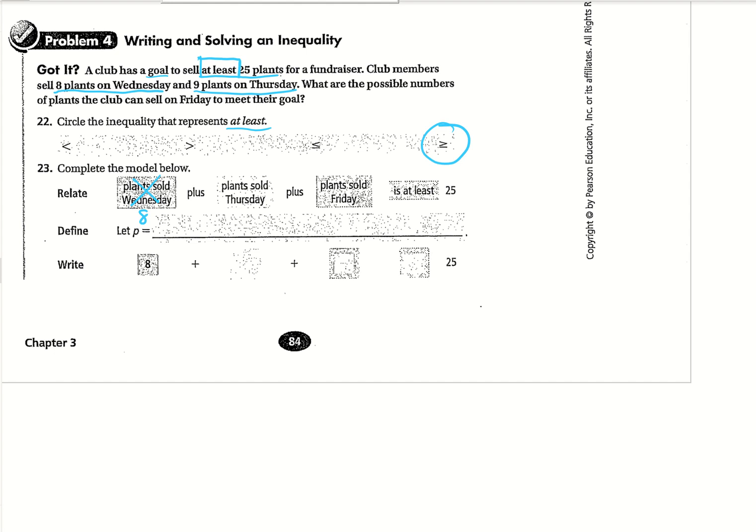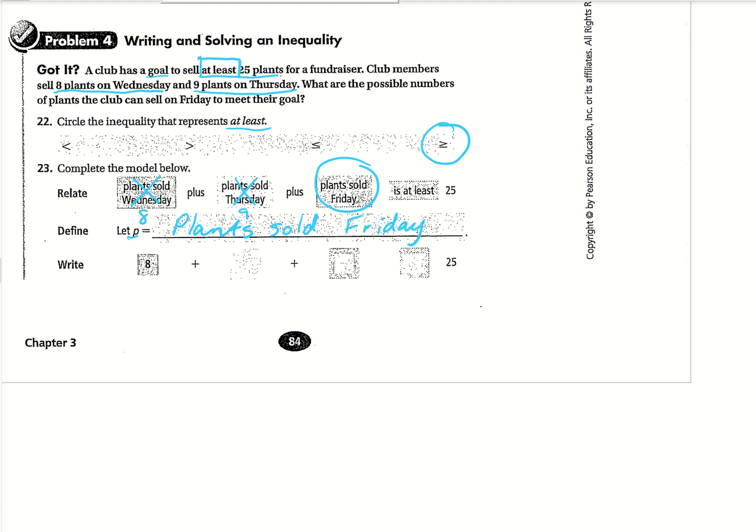We already know plants sold Thursday is equal to 9. What we don't know is plants sold Friday, so P is going to equal plants sold Friday.